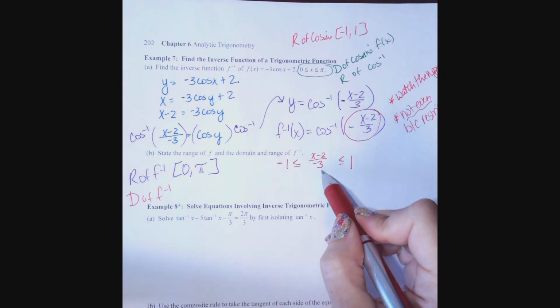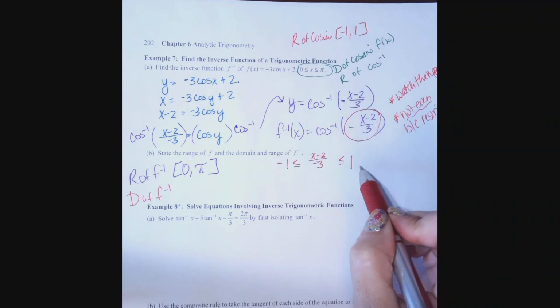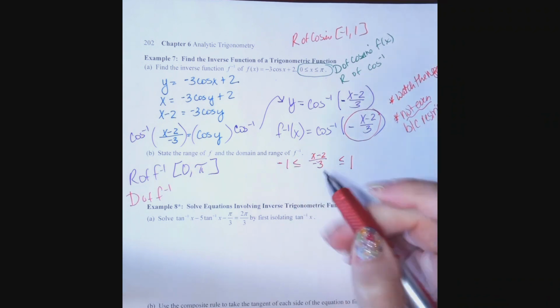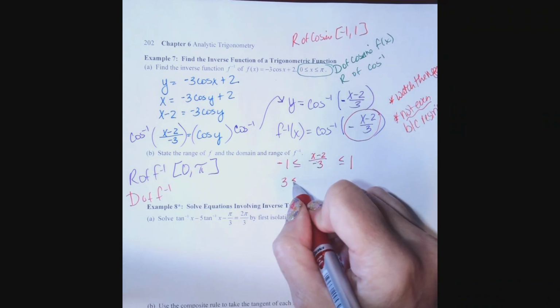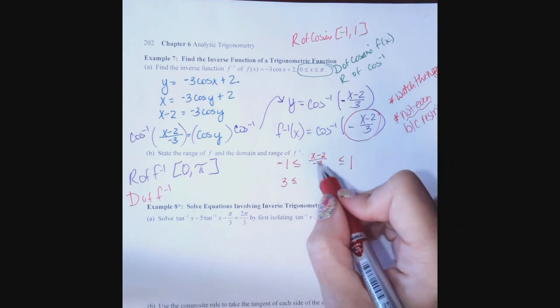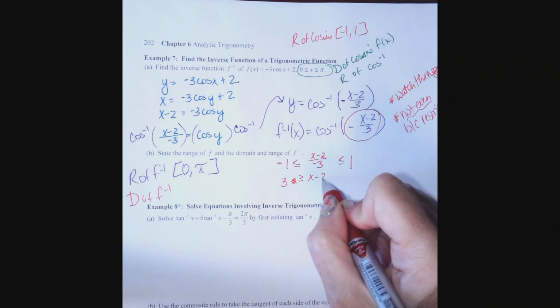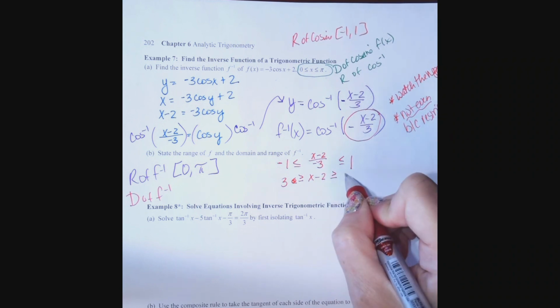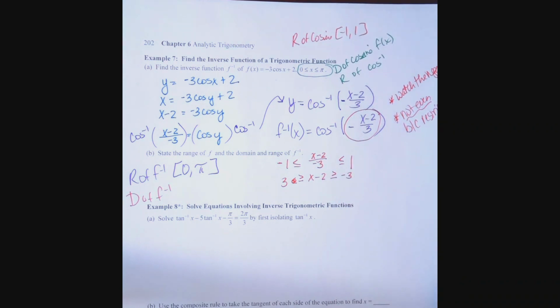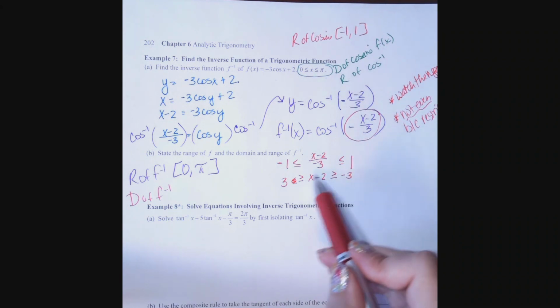So the very first thing I'm going to do, to get that out of the denominator, is multiply both sides by that value, -3. And when I multiply by a negative, that inequality flips. So this becomes 3 greater than or equal to x minus 2 greater than or equal to -3, right? Now I've got to finish solving for x.